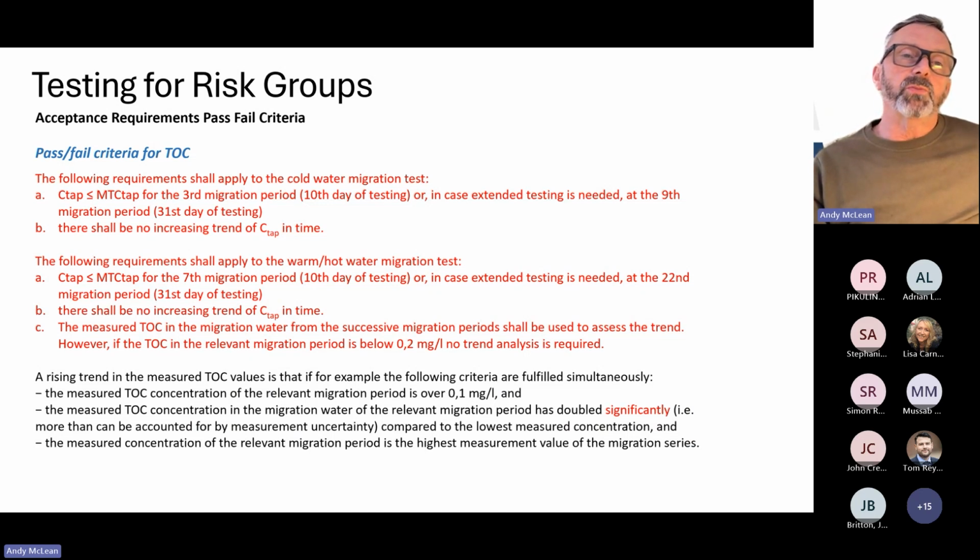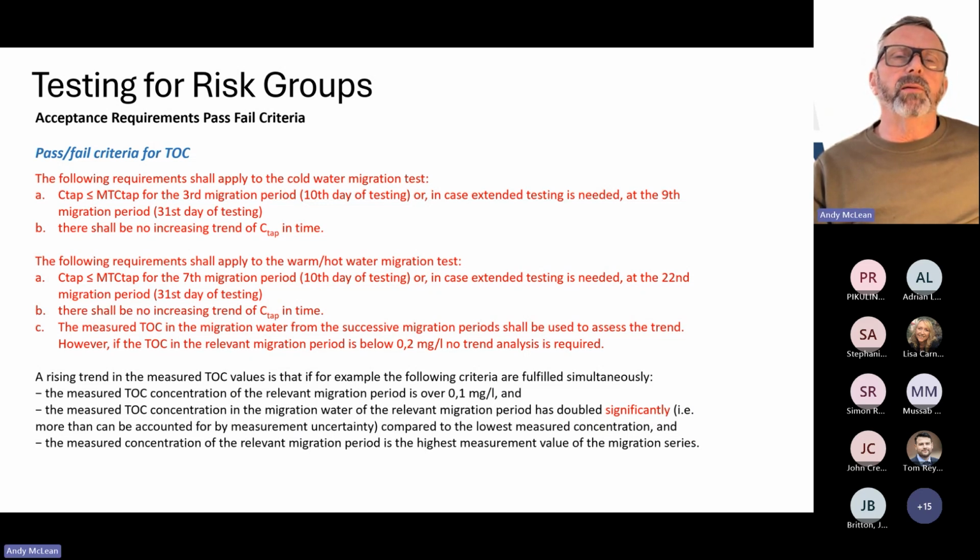So these figures must be in line with the figure in the migration figures that are quoted in the annexes of the regulation. So they've got to be below the figure. So the result has got to be lower or equal to the MTC TAP. And there shouldn't be an increasing trend over time.